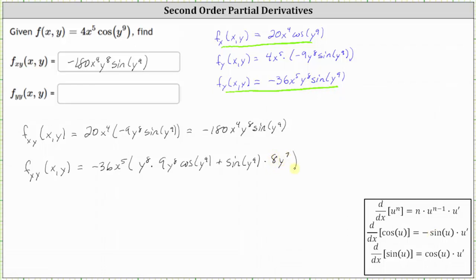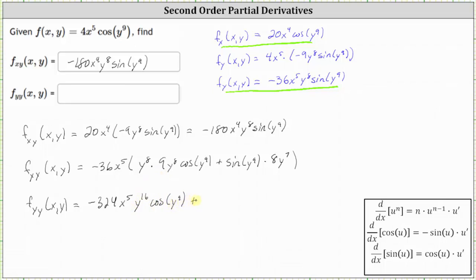Let's go ahead and distribute the negative 36x to the fifth. Negative 36 times 9 is negative 324, so we have negative 324 x to the fifth, y to the 16th, cosine y to the ninth.